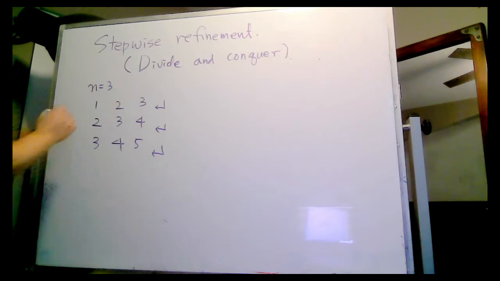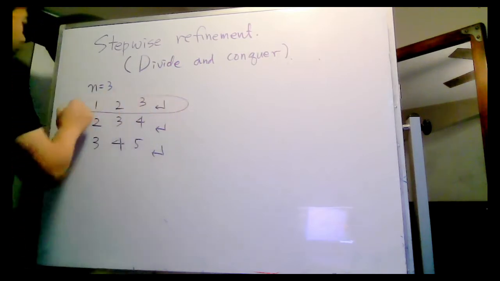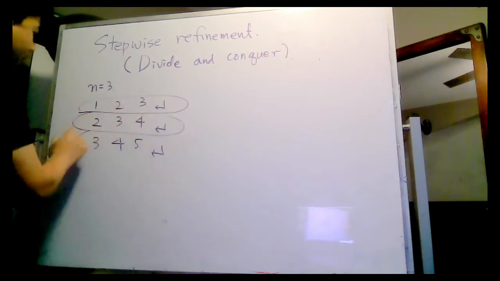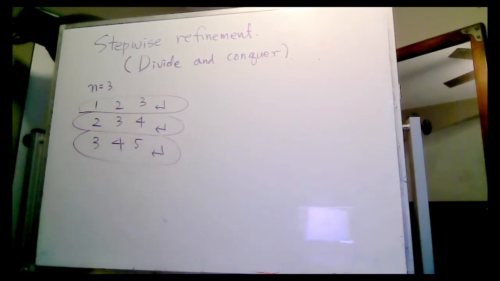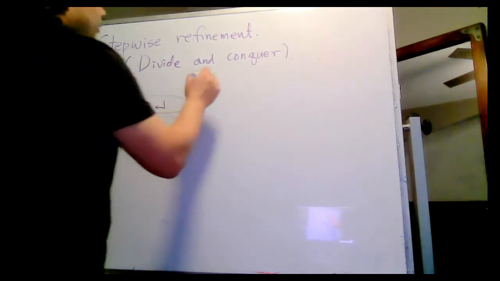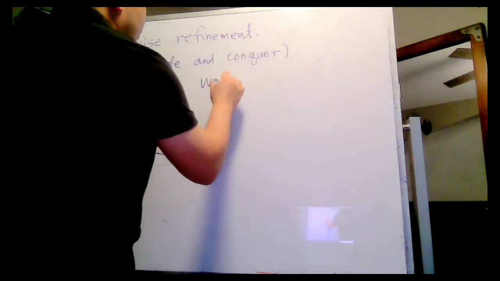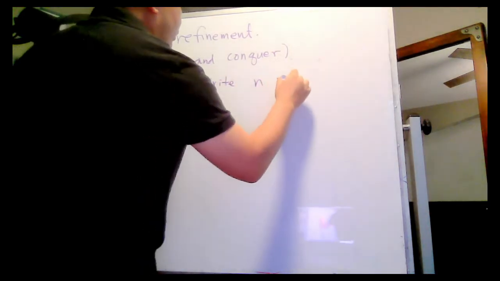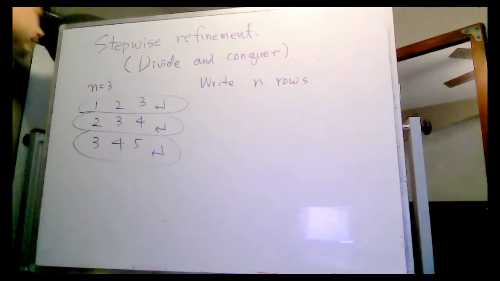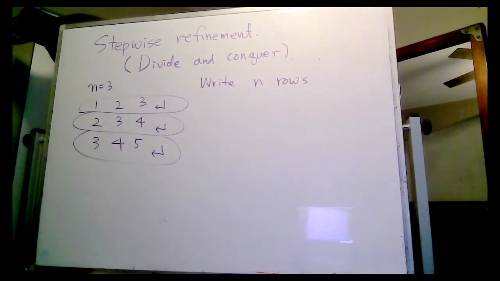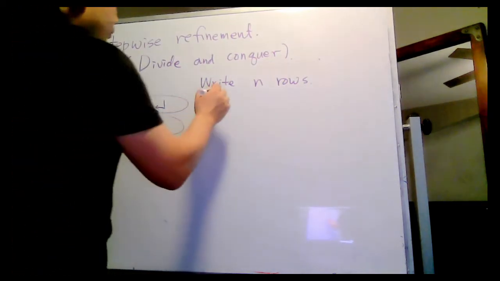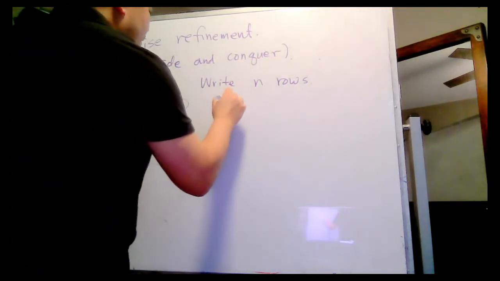Well, you have to write a row, right? So write n rows. And then for each row, how do you write each row?